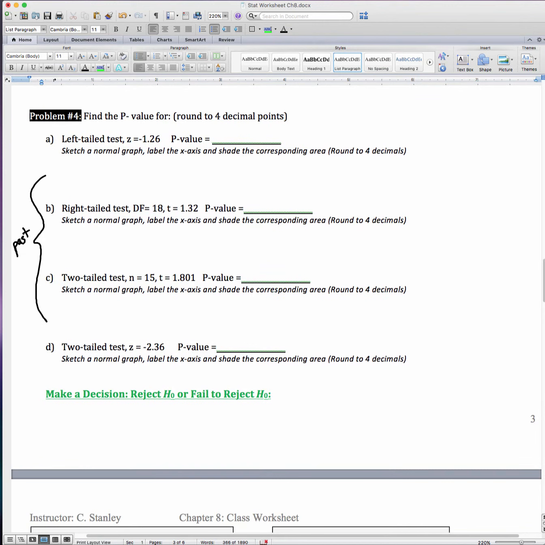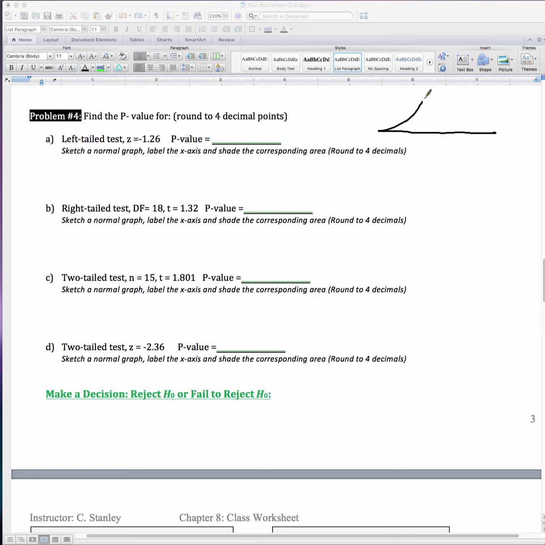Finding the p-value is essentially just using our normal curves. The reason they call it a right or left-tailed test: this is a left-tailed test, and the reason is that this is the normal curve that we did in chapter 6. This is negative 1.26. If I draw a line to the left and shade to the left, hence left-tailed test, that's the p-value.